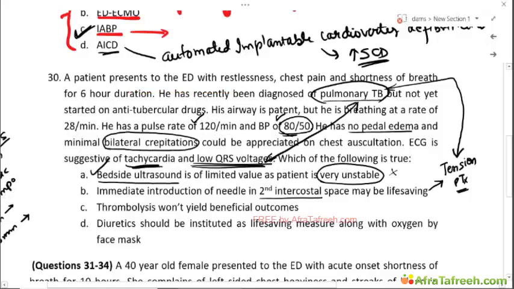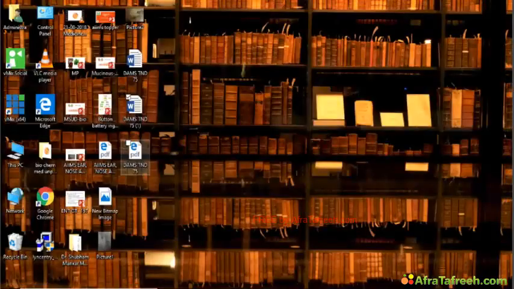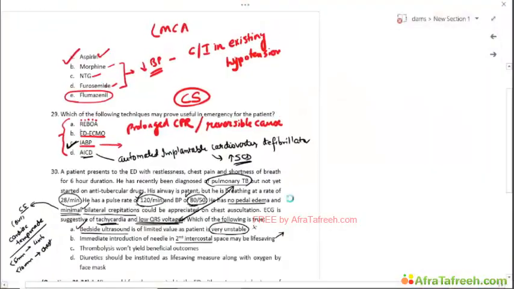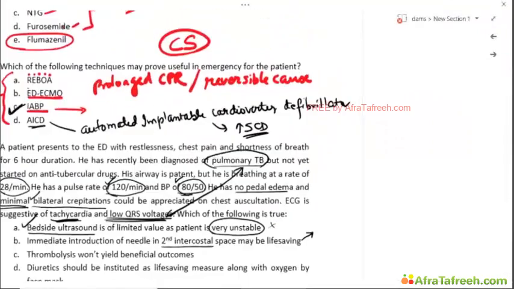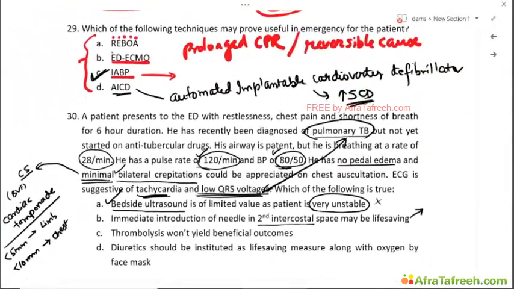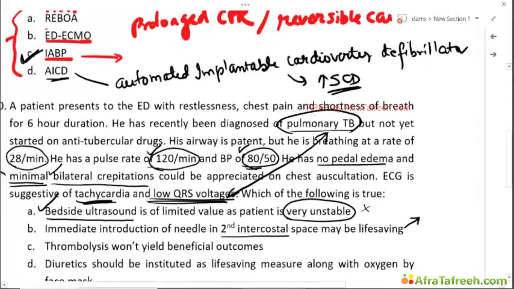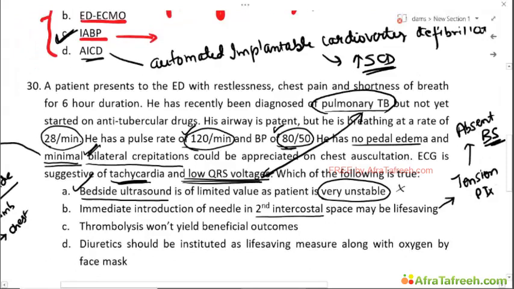In tension pneumothorax, you'll find absent breath sounds rather than minimal crepitation. So this is a treatment for tension pneumothorax and not for cardiac tamponade. So this is not right.